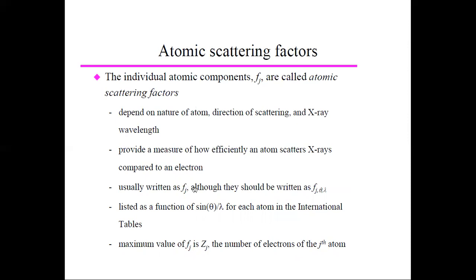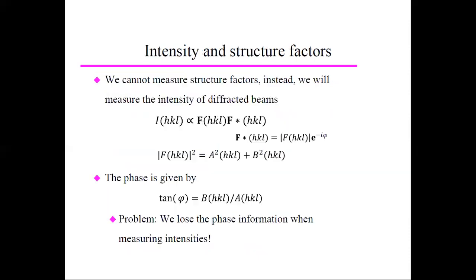It is usually written as f_j, although it should be written as f_j as a function of theta and lambda, or as a function of sin theta over lambda for each atom in the International Tables. The maximum value of f_j is Z_j, the number of electrons of the jth atom.